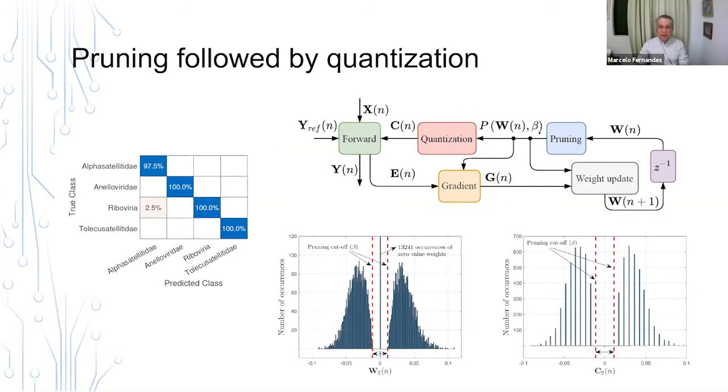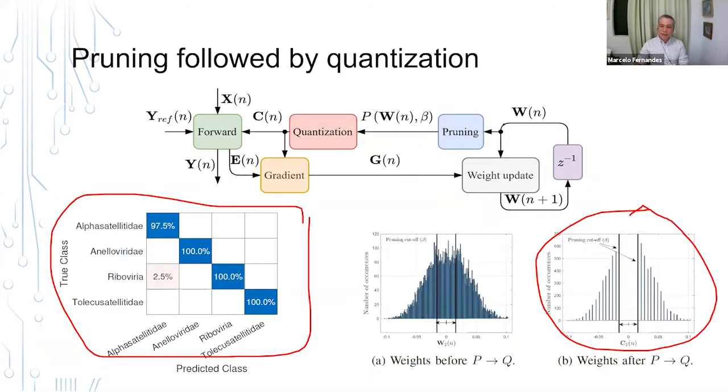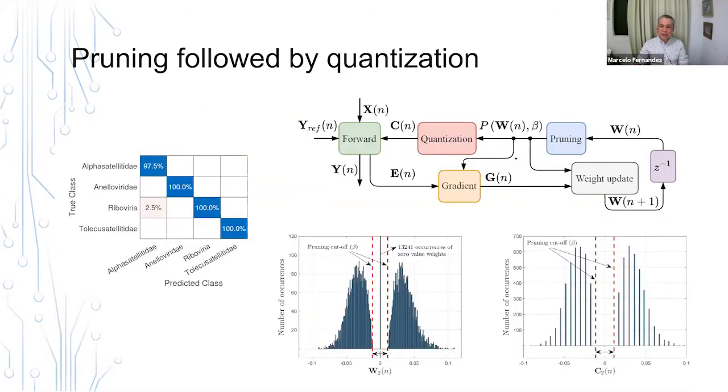This is the other strategy, but with pruning and quantization, where we do pruning followed by quantization. Again, you can do this at each mini batch, or wait several mini batches, apply pruning and quantization, wait more and apply again.